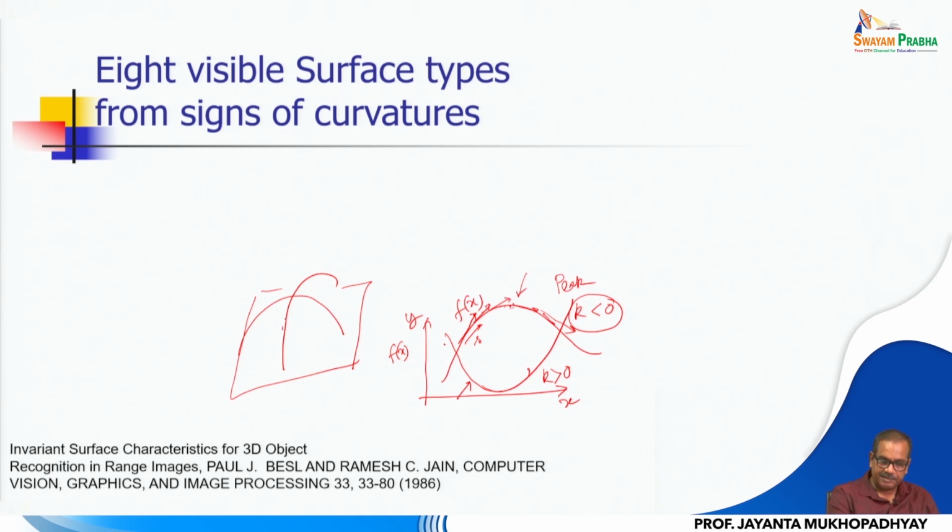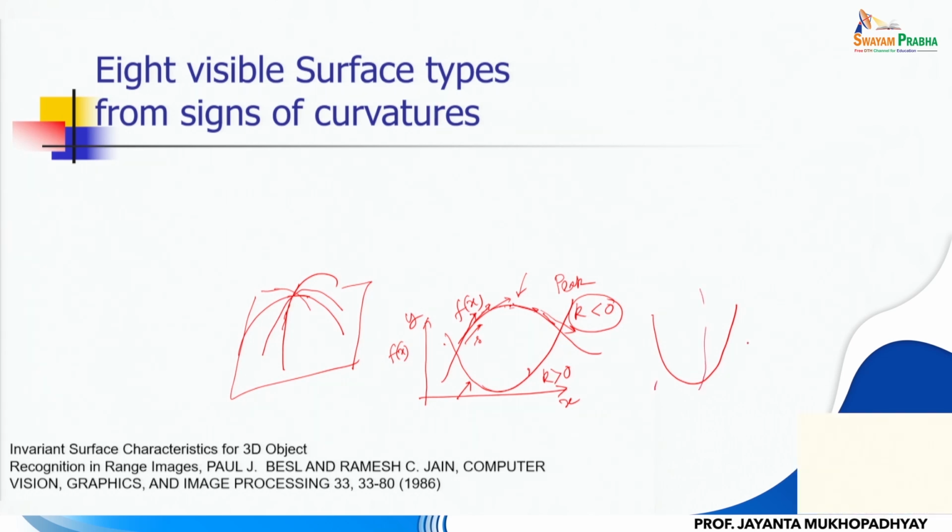If I take the two principal curvatures, and both of them are negative, then it's a shape which is like a peak. On the other hand, if I take a surface where both of them are positive, then it's like a pit.